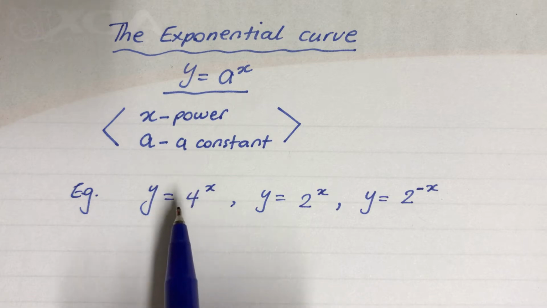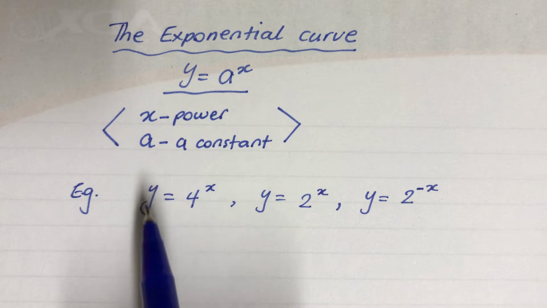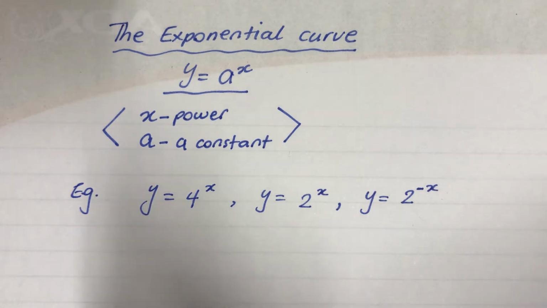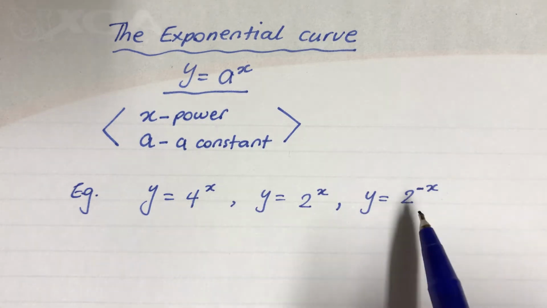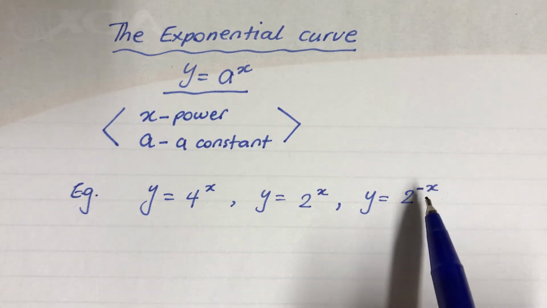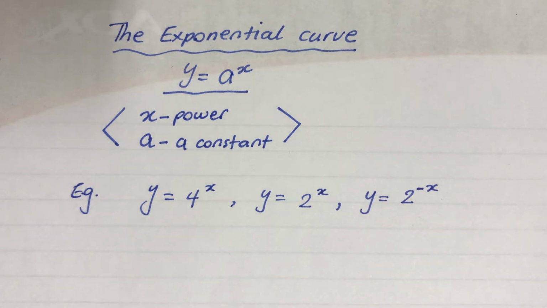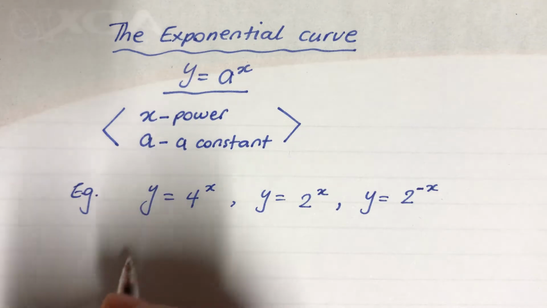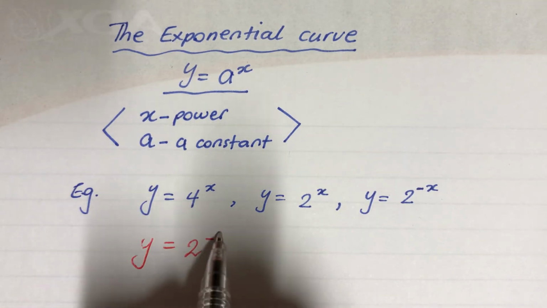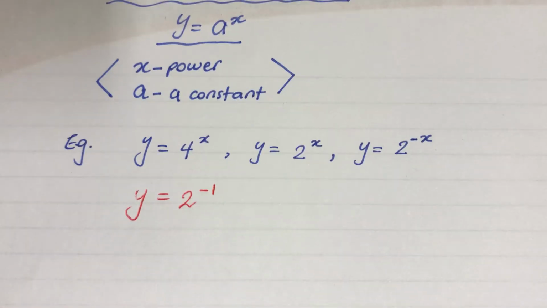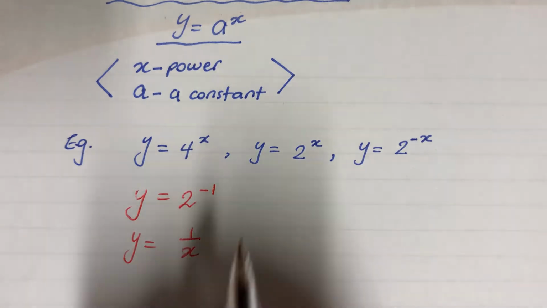Now, an important thing about the exponential curve is its y value will never be below 0 or even 0. Anything with a negative power, you might think it's a negative y value, but it's not. So for example, if I had y equals 2 to the power of minus 1, that is actually 1 over 2.